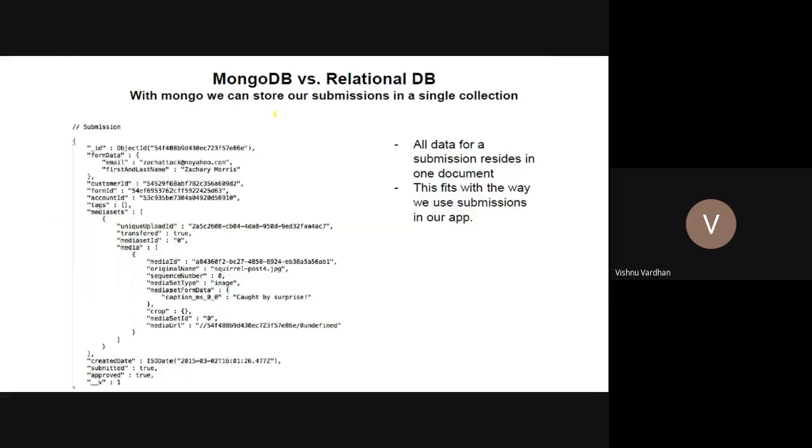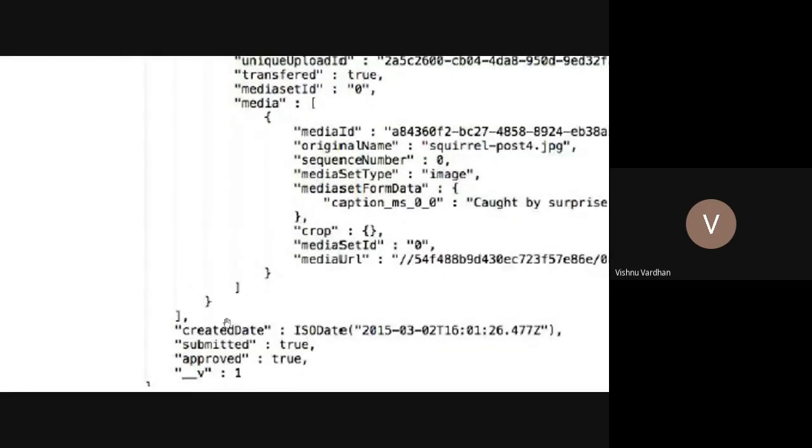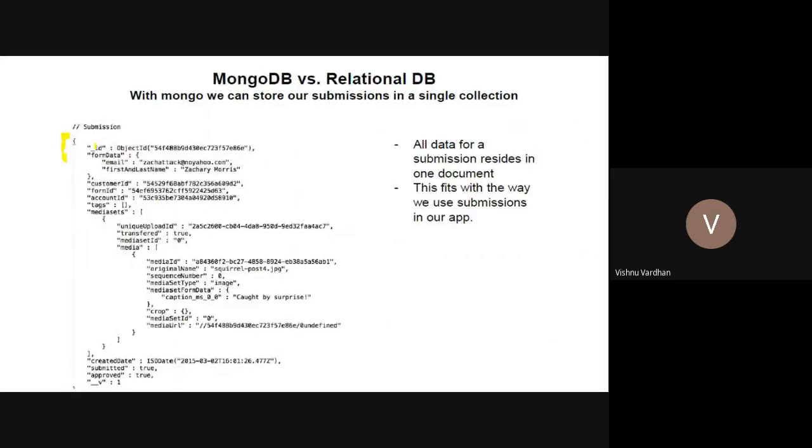Whereas if you see the MongoDB JSON format, this is a single object. Here we are starting with that object, and this is the end of the object. We can see there is a starting primary key, that is underscore ID, given with some object ID.